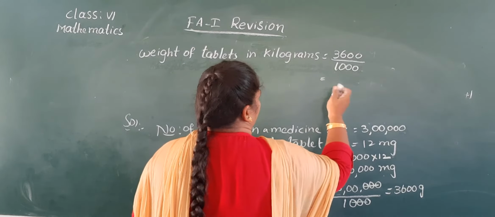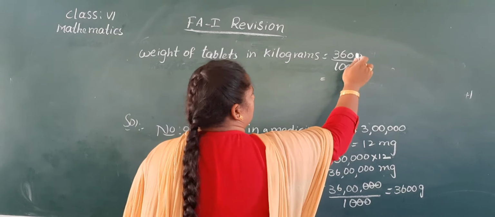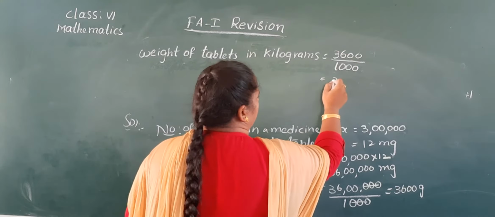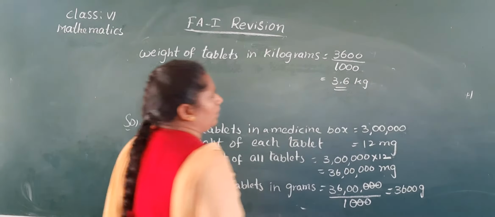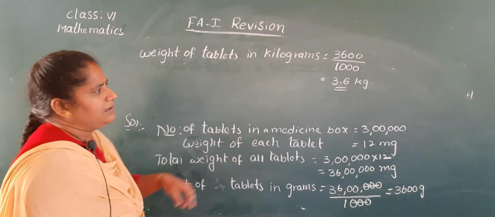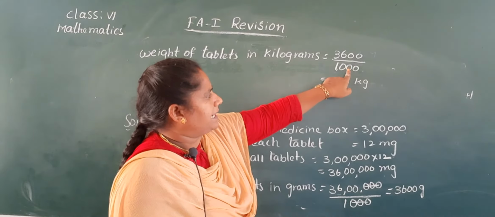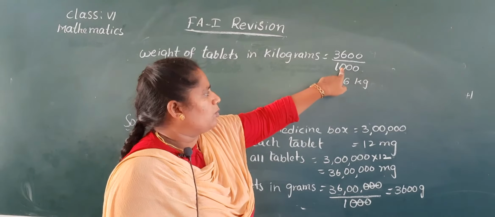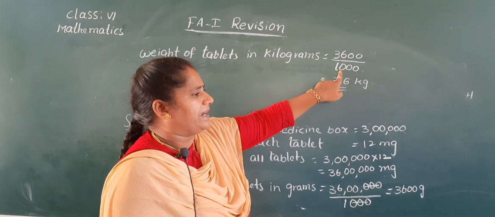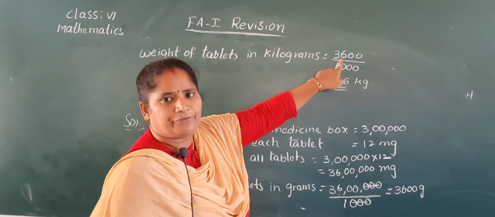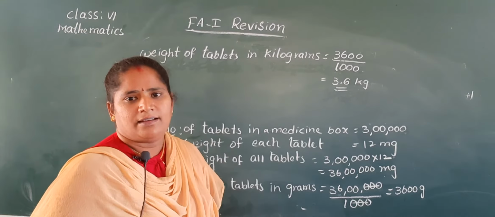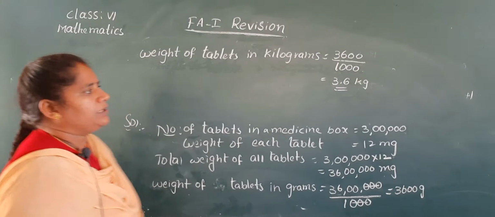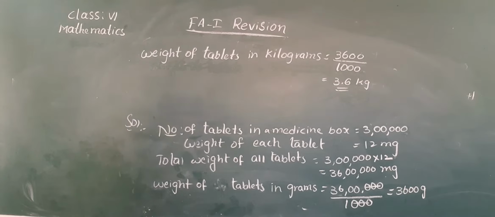So here see children, 3 zeros are there. So 3 numbers before we should keep point. So 3.6 kg. Okay? How do you convert? So here see 2 zeros cancel. 1 10 is there. 36 by 10 means 1 number before we should keep point. So it is 3.6 kg. Is it clear to you? Note down in your homework book.